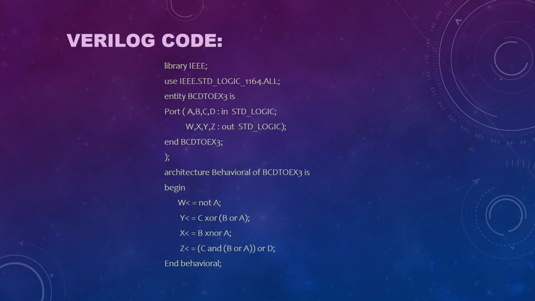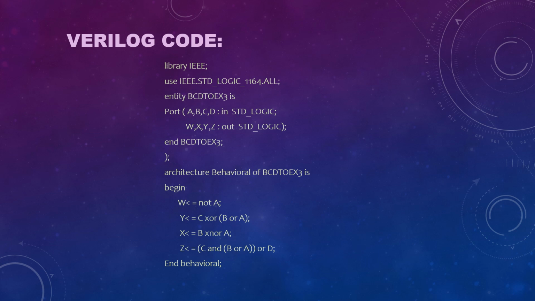We also declare how many inputs and outputs we are going to use. There are 4 inputs, which are A, B, C, D, and 4 outputs, which are W, X, Y, Z. So in the entity BCD to XS3, and then architecture behavioral of BCD to XS3 is begin. In this architecture behavioral, we write the equations.